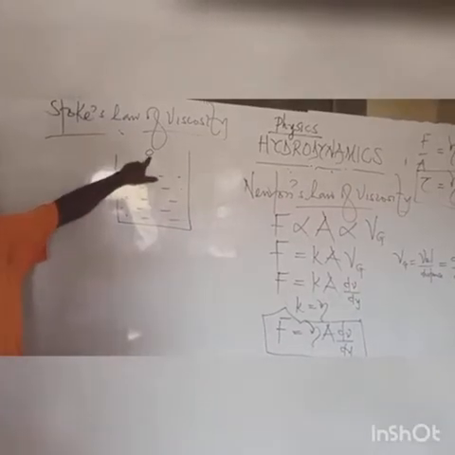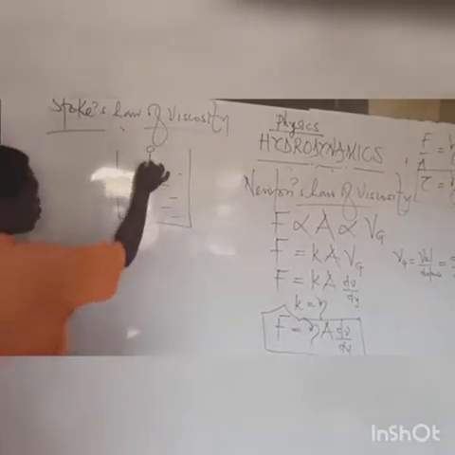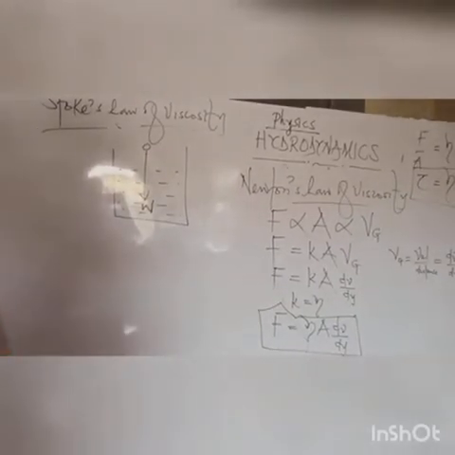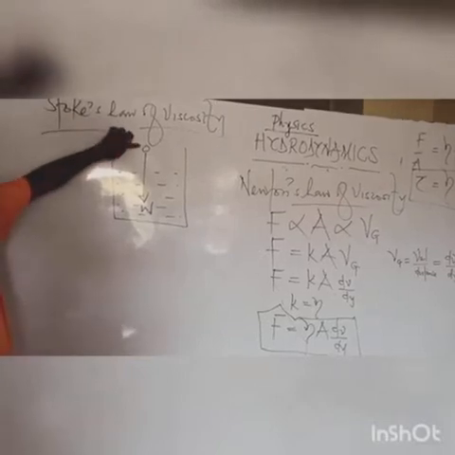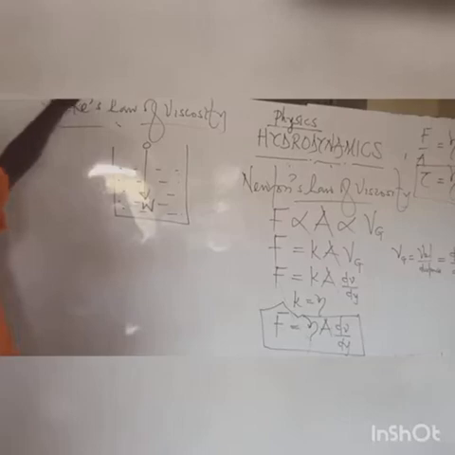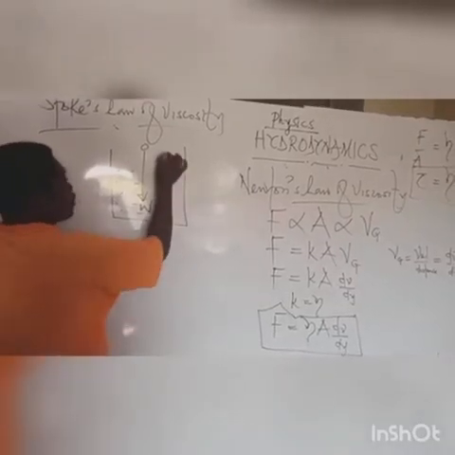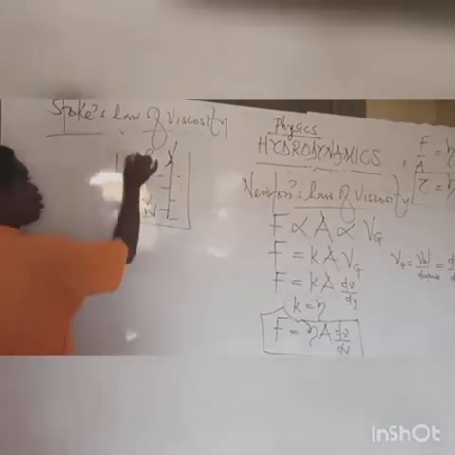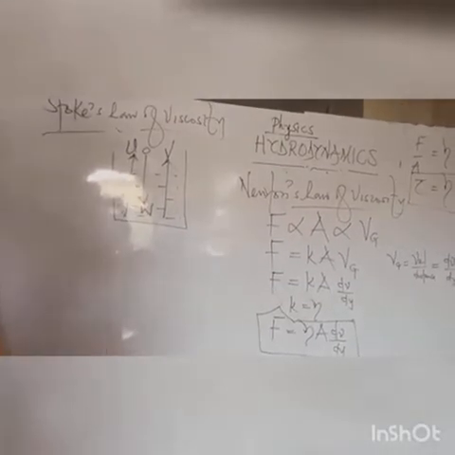The weight of the ball, W, is acting downward. This ball is being acted upon by two forces acting upward. The first is the viscous force, while the second is the upthrust.